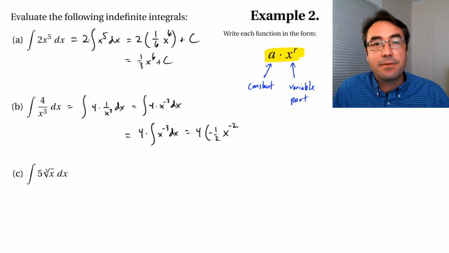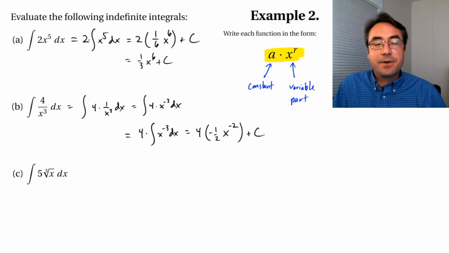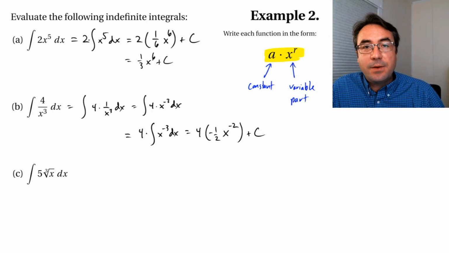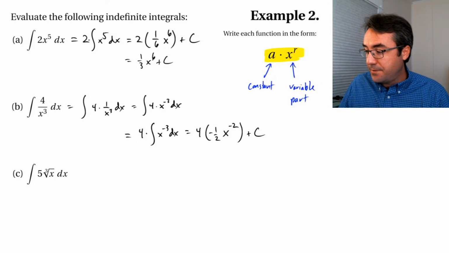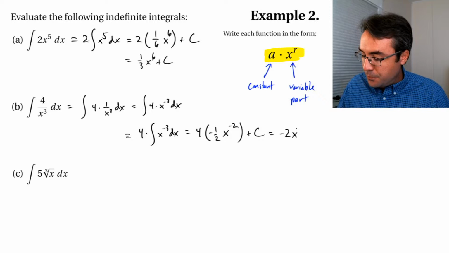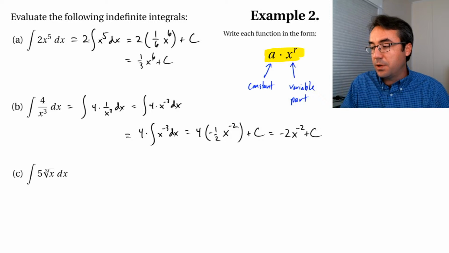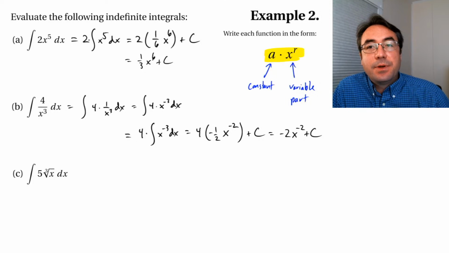We get negative 1/2 in the front there. We add on the c at the very end. And then we simplify as needed. So we have a 4 times a negative 1/2. We can clean that up and write it as negative 2x to the negative 2 plus c. And there's our antiderivative.